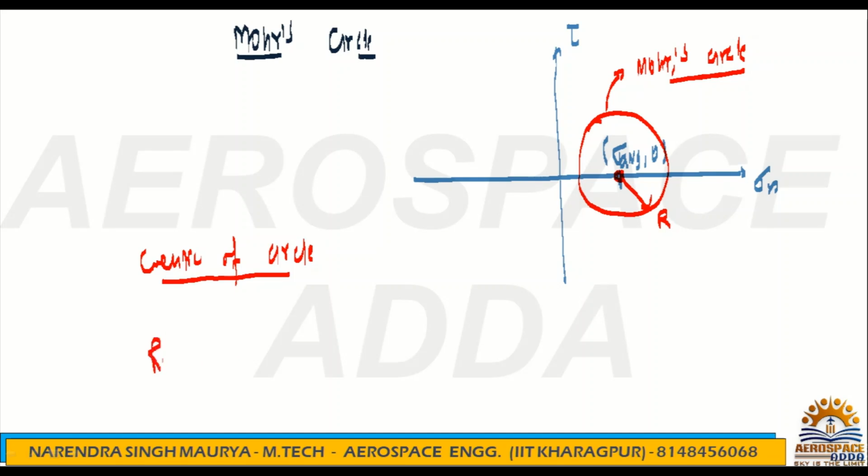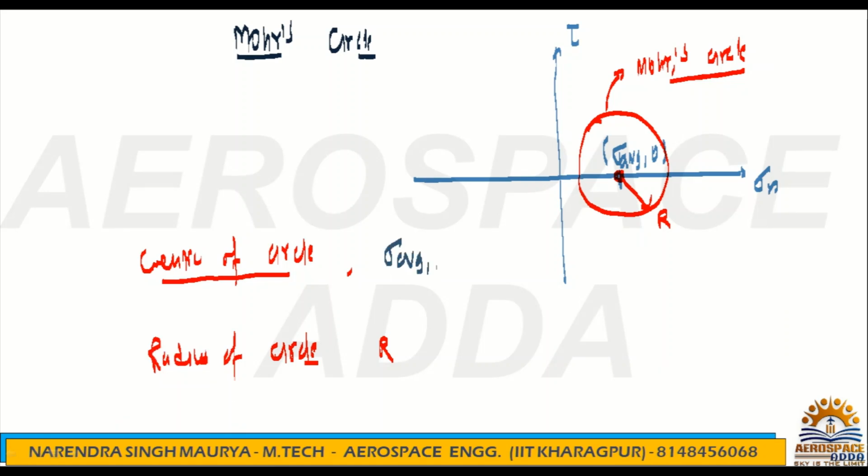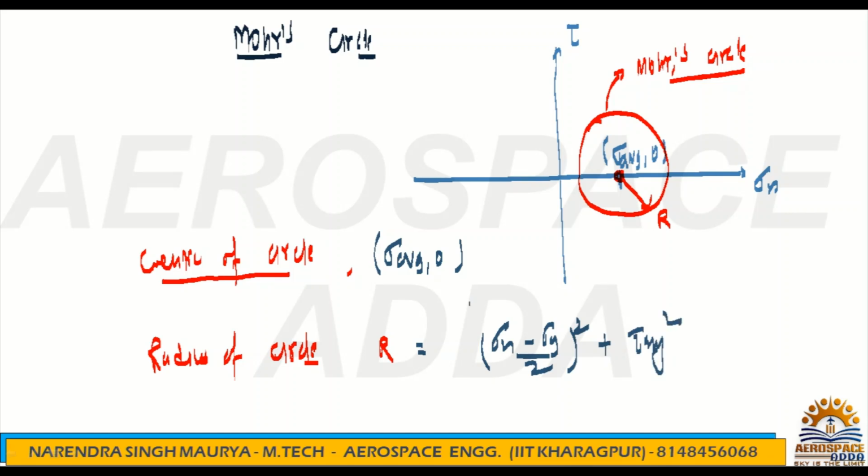So I can say radius of circle r, and the center. Both values should be very clear. Sigma average comma 0 is the center. R is nothing but, as I have derived, square root of (sigma x minus sigma y by 2) square plus tau xy square. This is the center and radius of the Mohr circle.